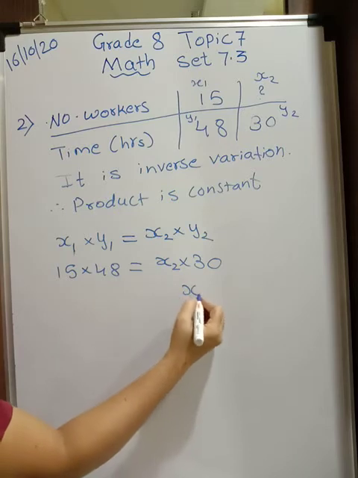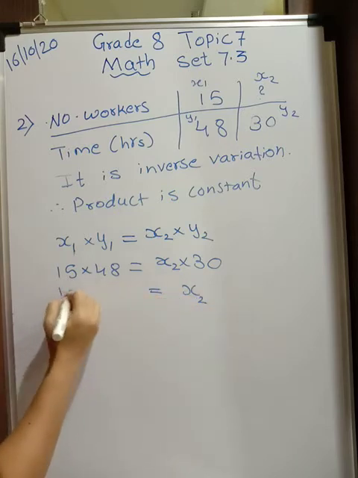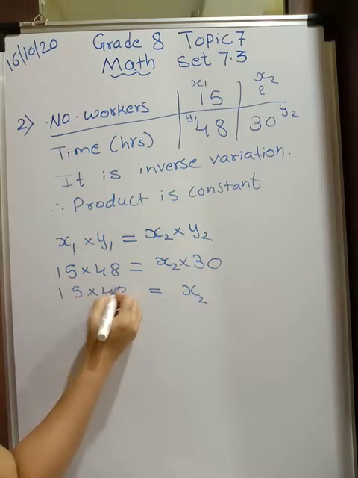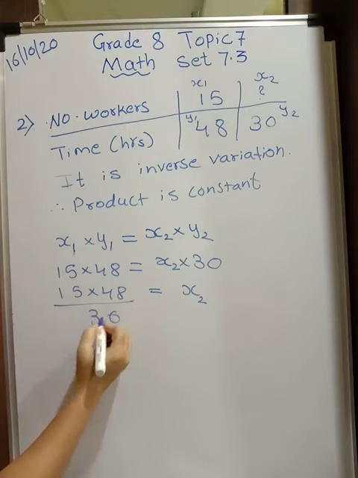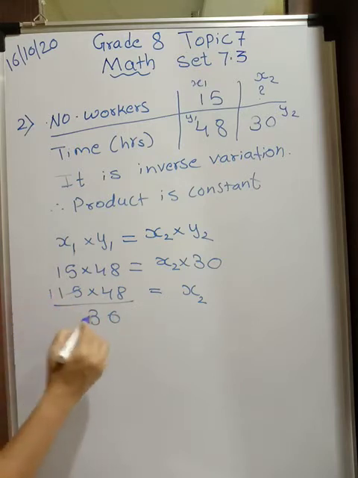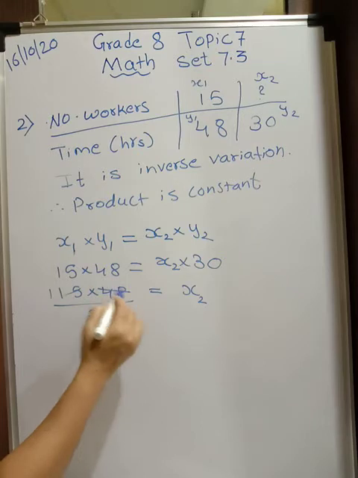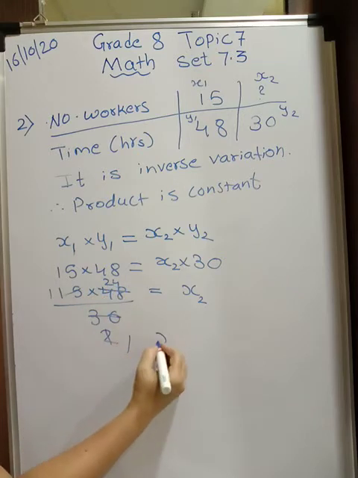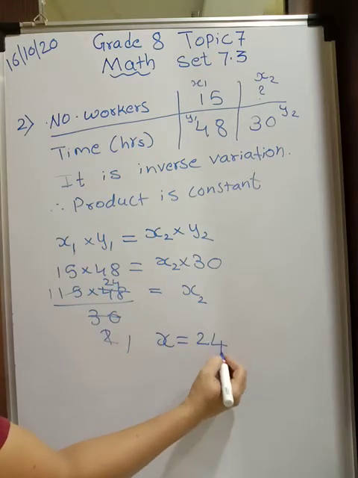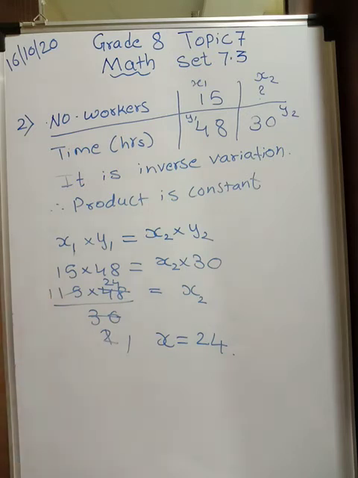We want x2. So x2 will be equal to 15 into 48 upon 30. Alright. 15 ones are 15, 15 twos are 30. 2 ones are 2, 2 24s are 48. So the amount of workers is 24 workers will be required. So you need to increase the workers, then only the time will be reduced. Alright. Okay. Let's go to the next question. You may pause the video and take down all the steps.